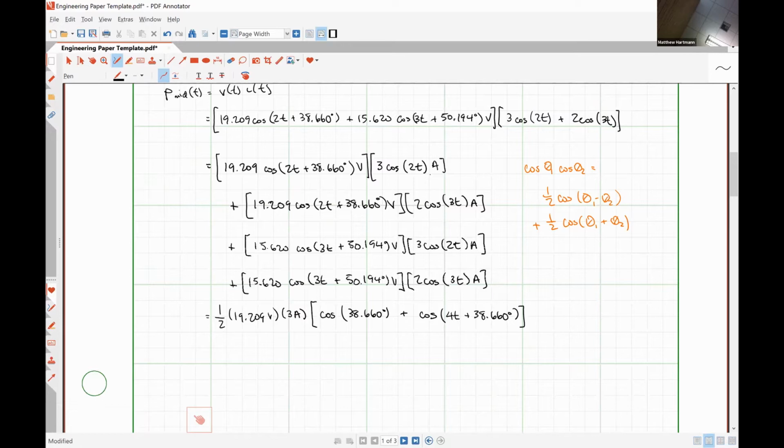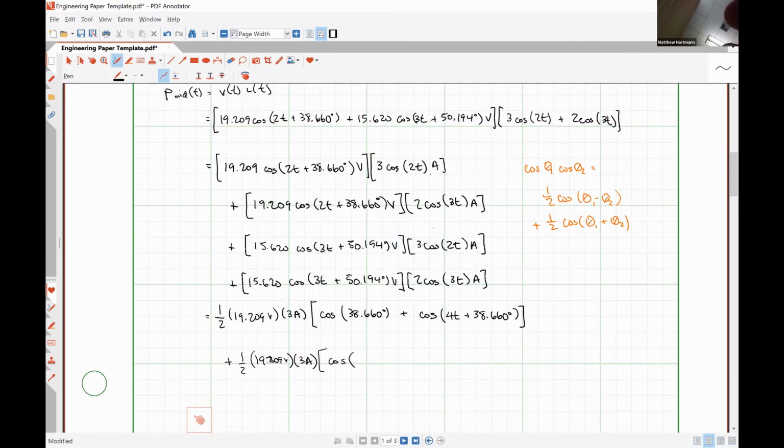So if we keep this ball rolling, we're going to have a 1/2 times 19.209 volts times 3 amps. So now I'm going to have cosine of 2t plus 38.660 minus 3t.